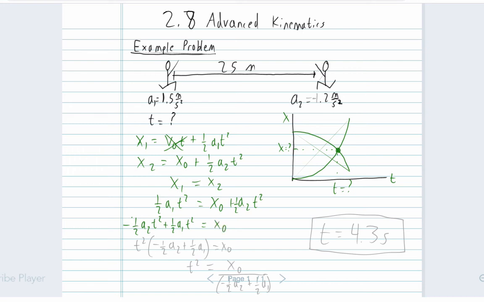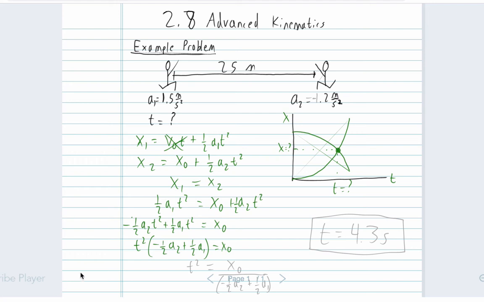Let's pull these factors out. We both have t squareds over here, so we could rewrite the left side as t squared times negative 1/2 a2 plus 1/2 a1, and that equals x naught. I could have pulled out the half at that point, but I'm just going to leave it in there for right now.